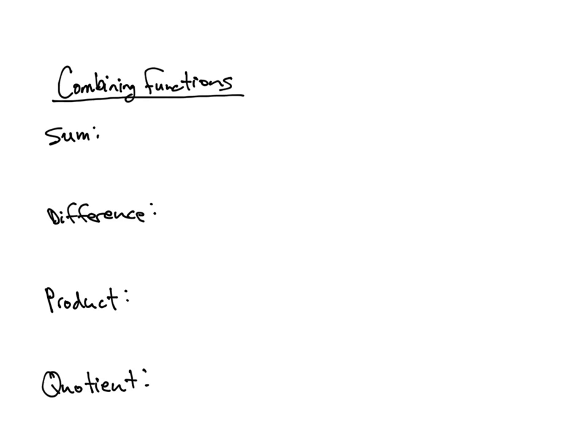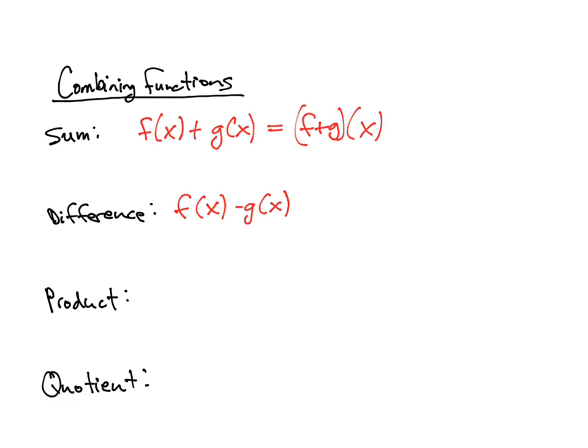The sum of two functions, we write that as f of x plus g of x. The shorthand is f plus g of x. For a difference, f of x minus g of x, we normally see this as f minus g of x.